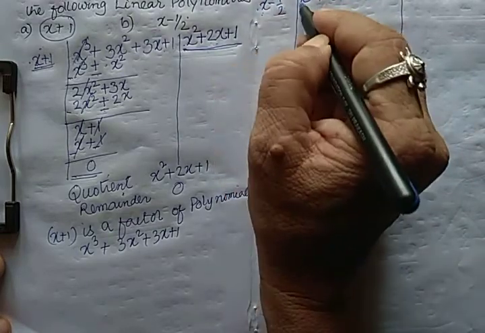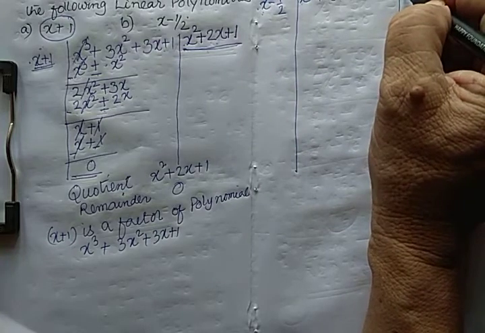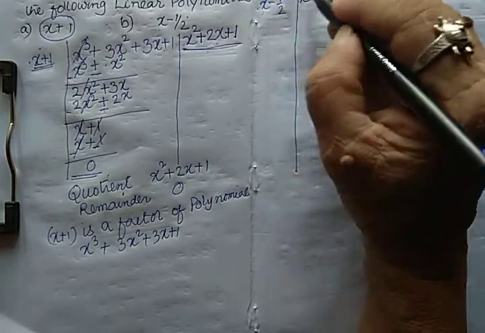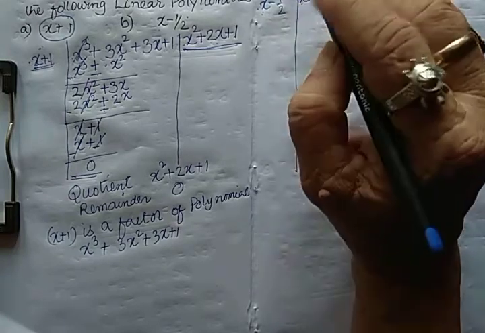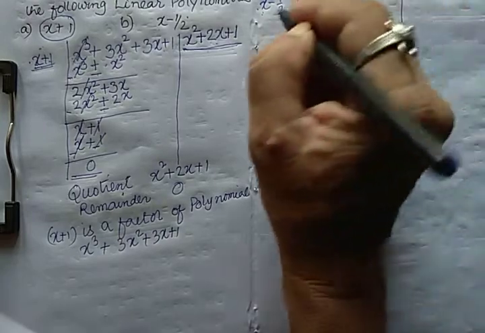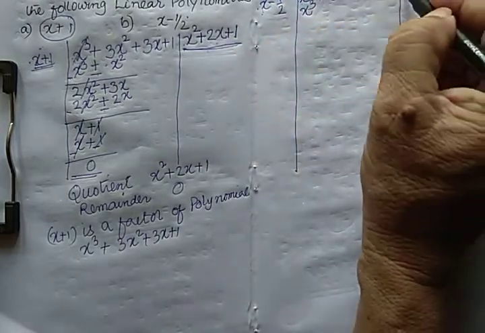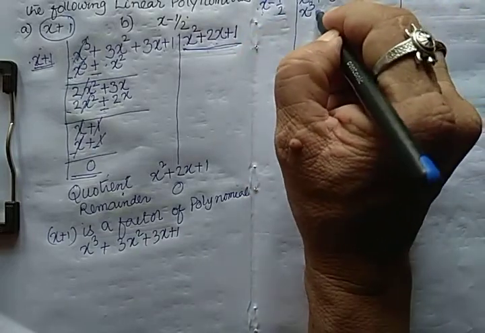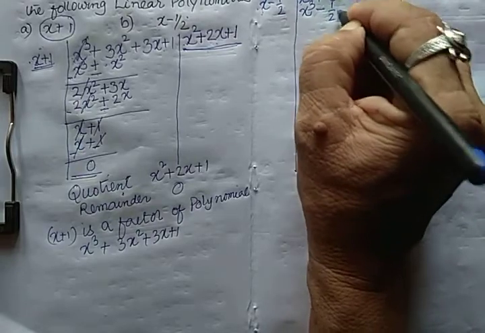Sign here plus and here also plus, so you should take plus. Here the power is 3, here the power is 1. 3 minus 1, 2. So you should multiply with x square. X into x square, x cube. Plus into minus, minus. X square into half, half x square.